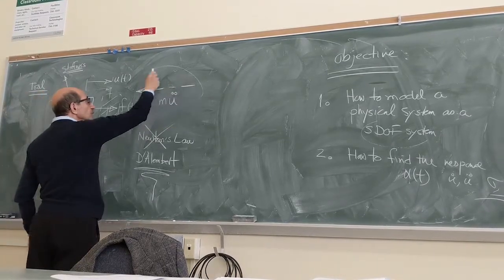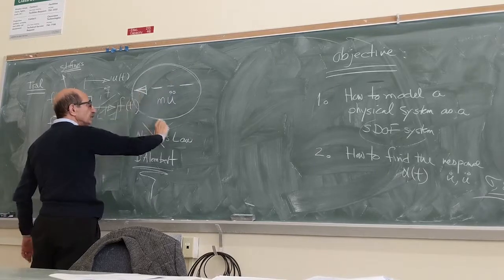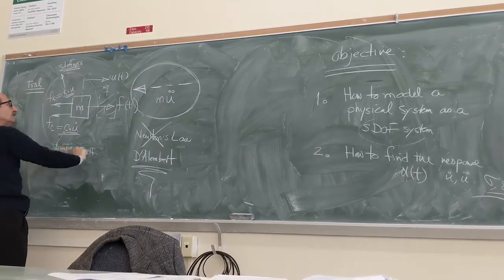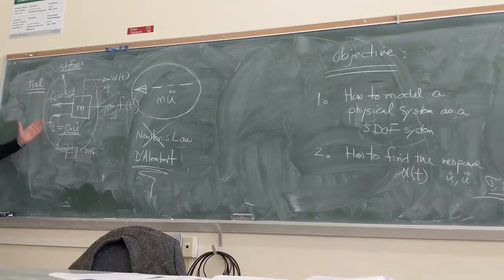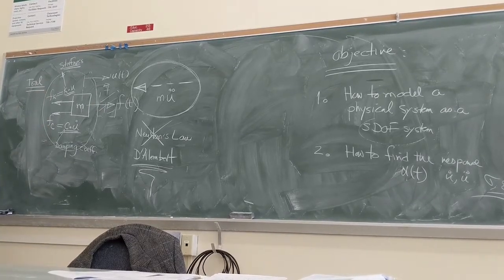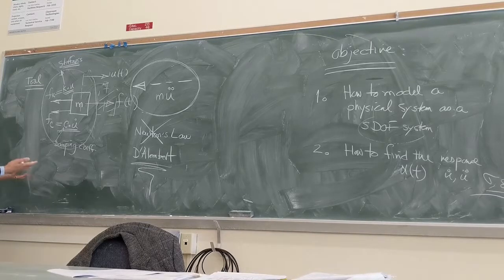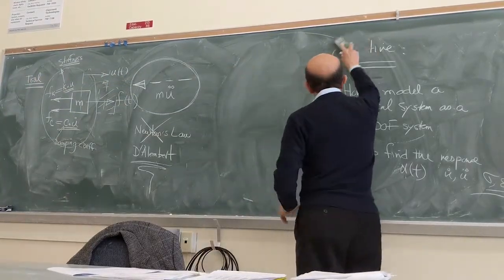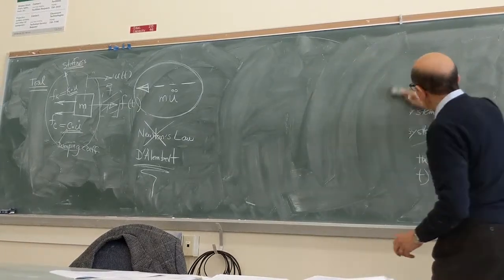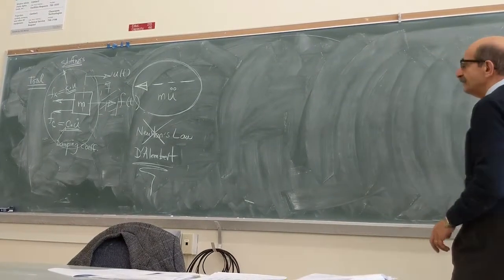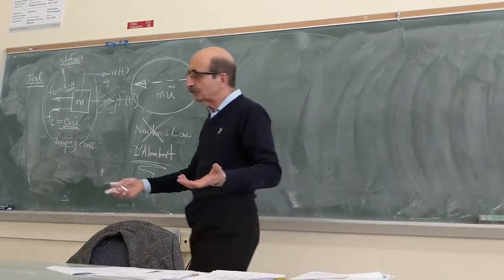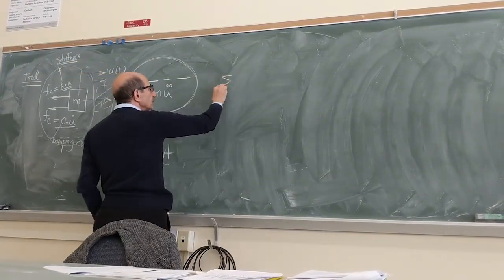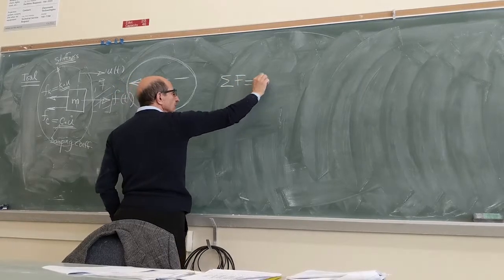If you include the d'Alembert force on this diagram, together with these two forces, now you have a free body diagram for this dynamic system, and you can easily write the equations of equilibrium, which are similar to the static equilibrium, by writing summation of forces equal to 0.